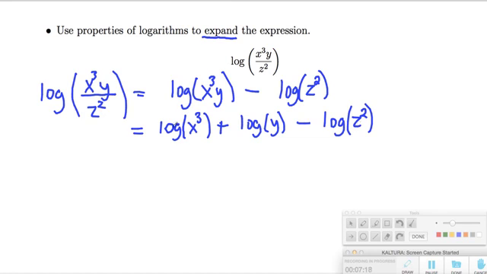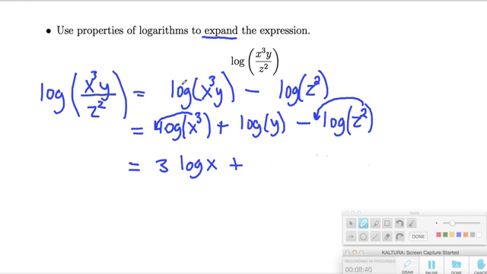One last thing that can be done to this entire expression is that the exponents can be pulled down and changed to multiplication. So they're no longer a power, they're now times. So this is 3 times log of x. I can stop writing the parentheses if I want to here, but there's no problem leaving them in.